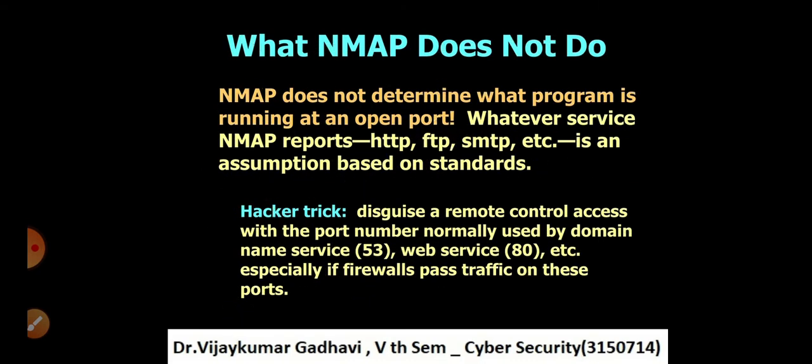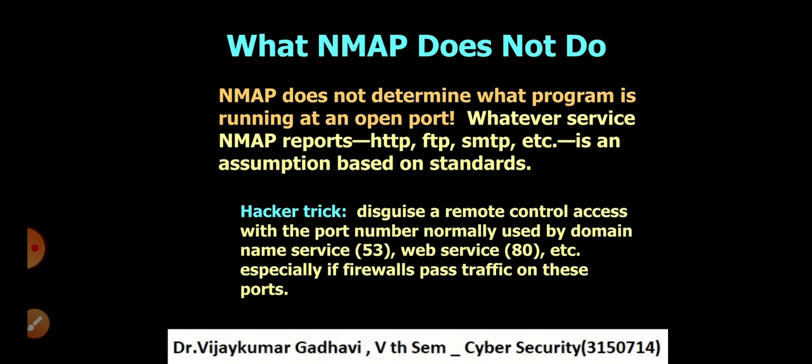What NMAP does not do is determine what program is running at an open port. Open means it's listening or responding to some request like HTTP, FTP and SMTP, etc. That is an assumption based on standards.